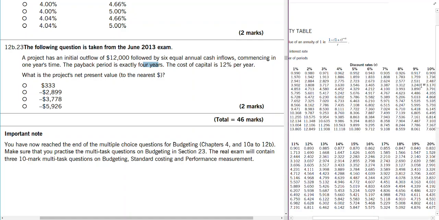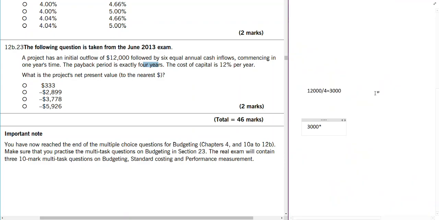Looking at the annuity table, 12% for 4 years is 3.037. So 3,000 times 3.037 is 9,111. So 12,000 minus 9,111, 2,889 negative is the NPV.